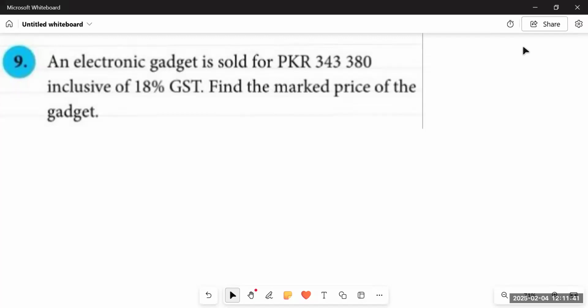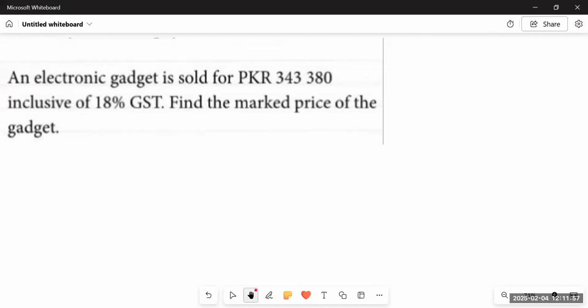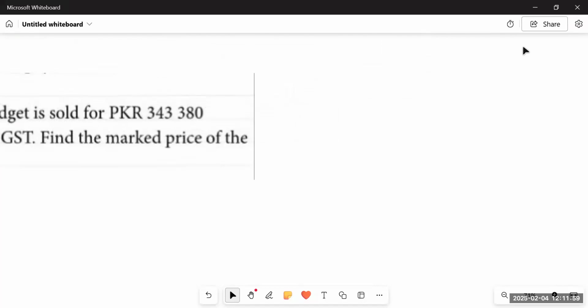Now, students, we have a very interesting question, and we have worked a lot on these types of questions in book 1, where there was a concept of percentage increase or decrease. So let's first revise that particular concept, and then we will move to this question. Let's say there is a total cost given, and then there is an increase, and then there is a final amount after the increase, right?